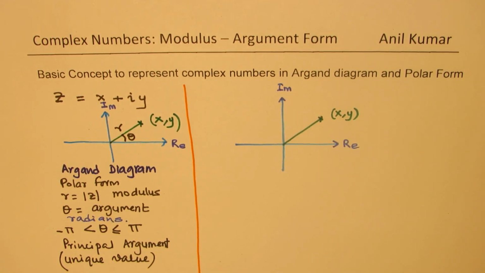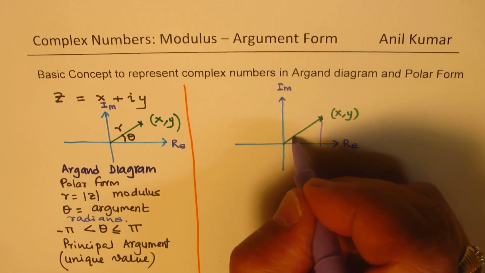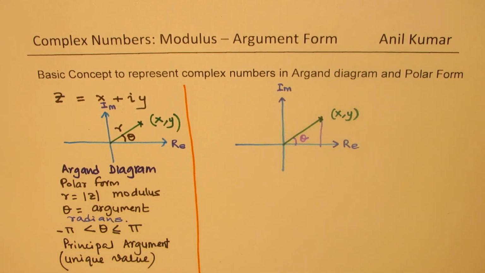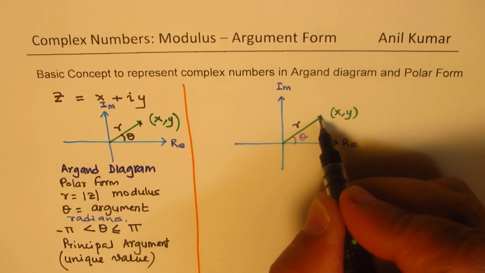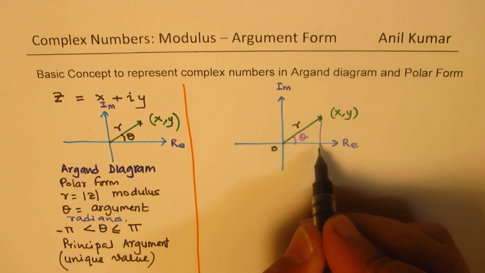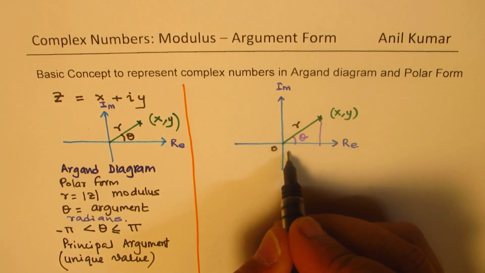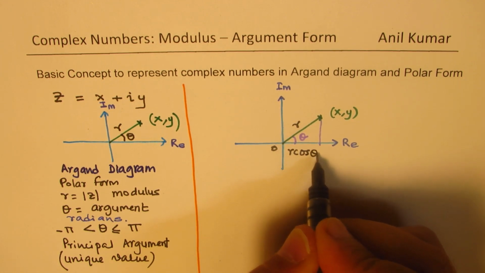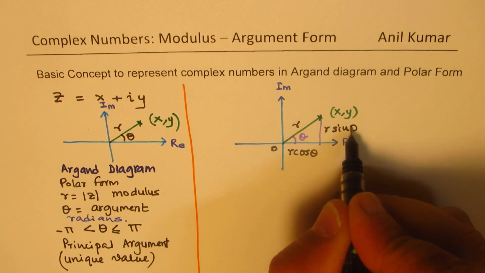As you can see, if we drop a perpendicular to the x-axis, and take the angle as theta, then if I take r as the magnitude, the modulus, the x component will be r cos theta, and the y component will be r sin theta.